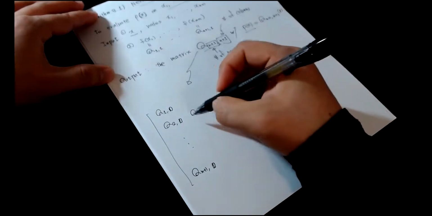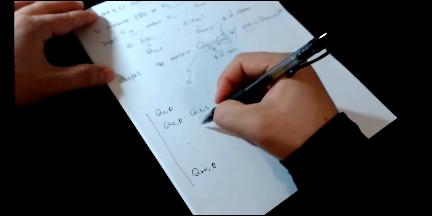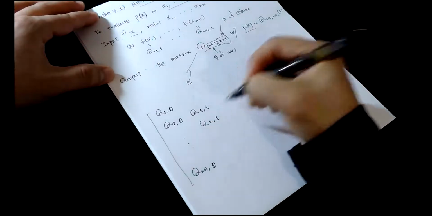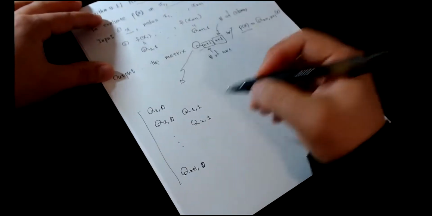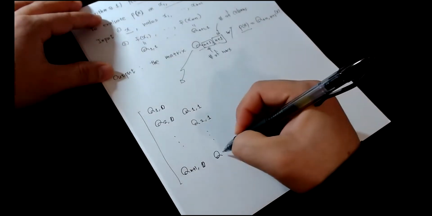And then using the second and third entry in the first column, we can construct q 3,2.